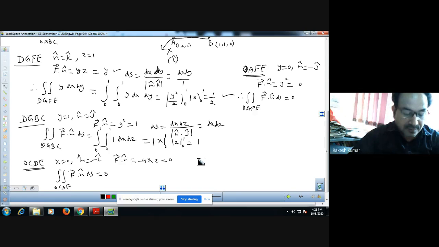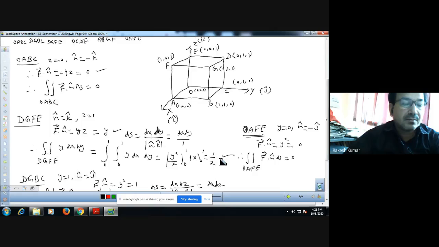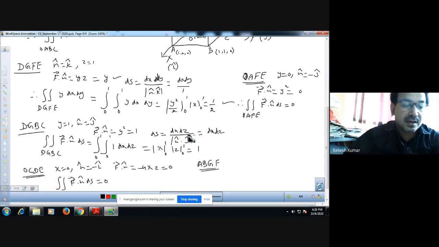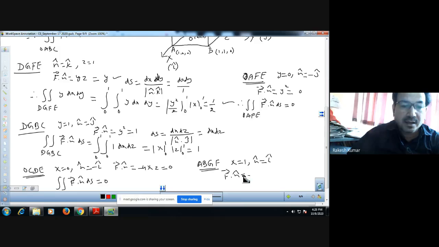Now the last face we will have is ABGF, and this is the face we have. This face is lying along the x-axis, at x equal to 1, and n cap is equal to I cap. So f dot n cap will come out to be 4xz.